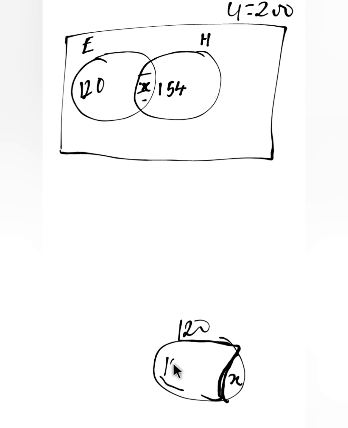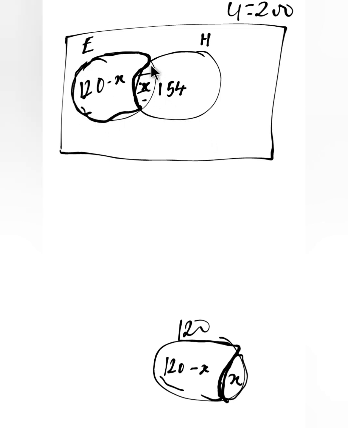It becomes 120 minus X, because the entire circle is 120 and this part of it is X. Hence, if we cut X out of it, we are left with 120 minus X. This 120 minus X is this part of the circle. So this is 120 minus X.